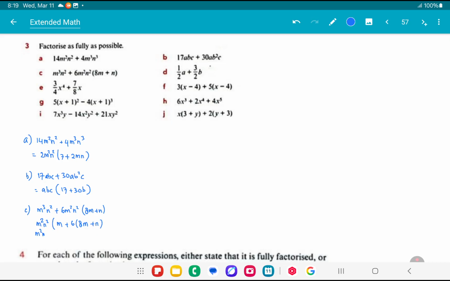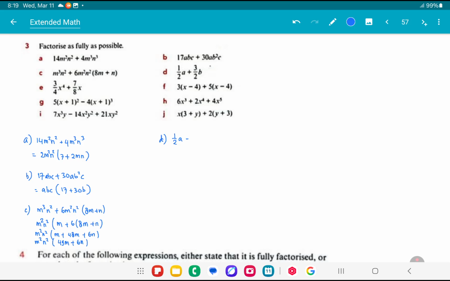So m squared n squared, m plus 6 times 8, 48m plus 6n, and we simplify: m squared n squared multiplied by 49m plus 6n.